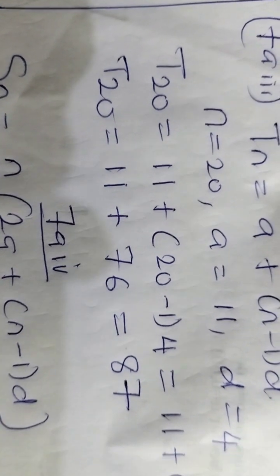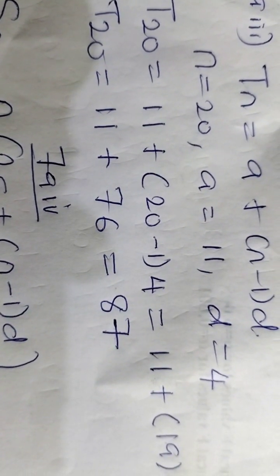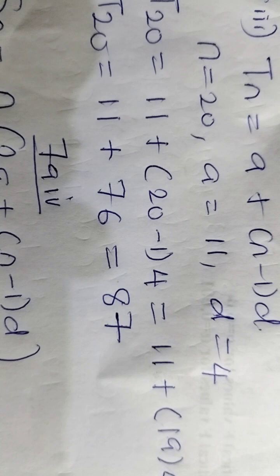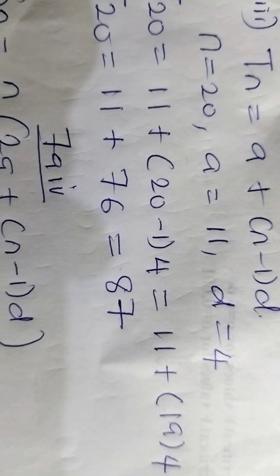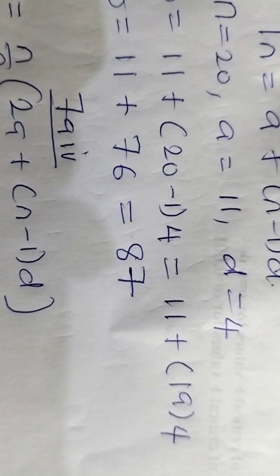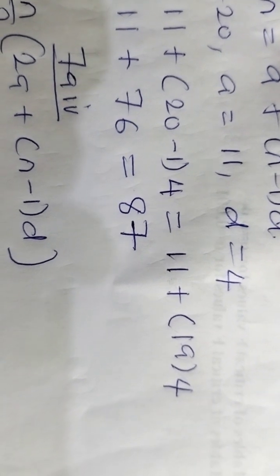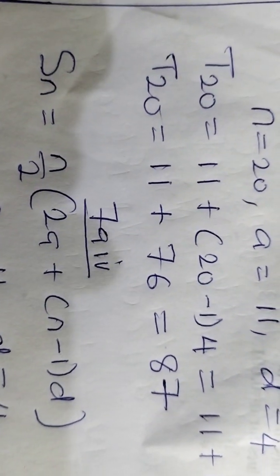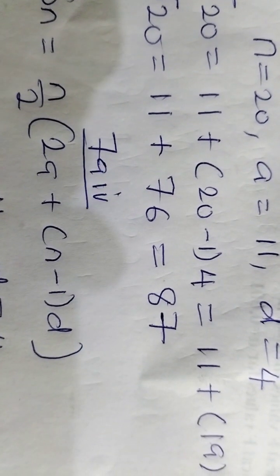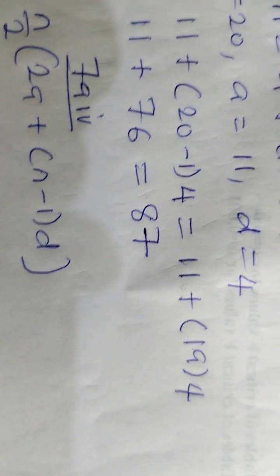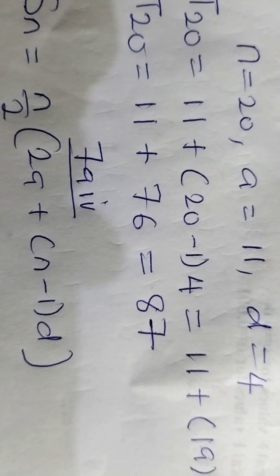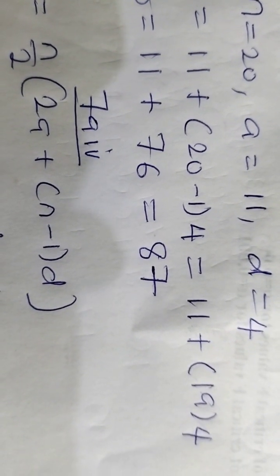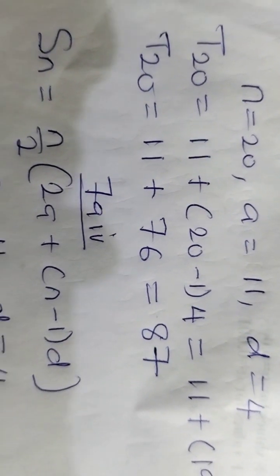So T20 equal to 11 plus 20 minus 1, times 4. 20 minus 1 is 19, then multiply by 4. Solving out, term 20 becomes 11 plus 76. 76 is 19 times 4. Adding them together, 11 plus 76 gives us 87. So term 20 is 87.